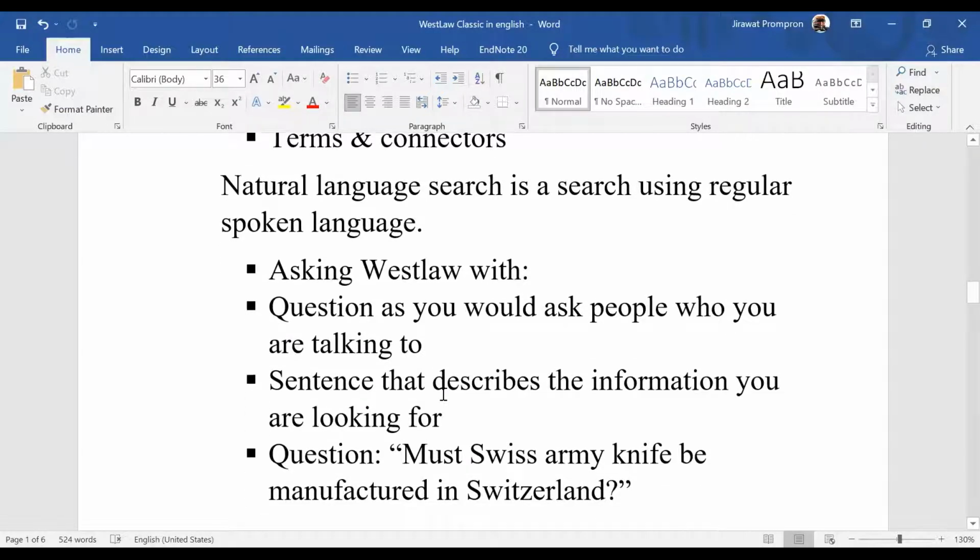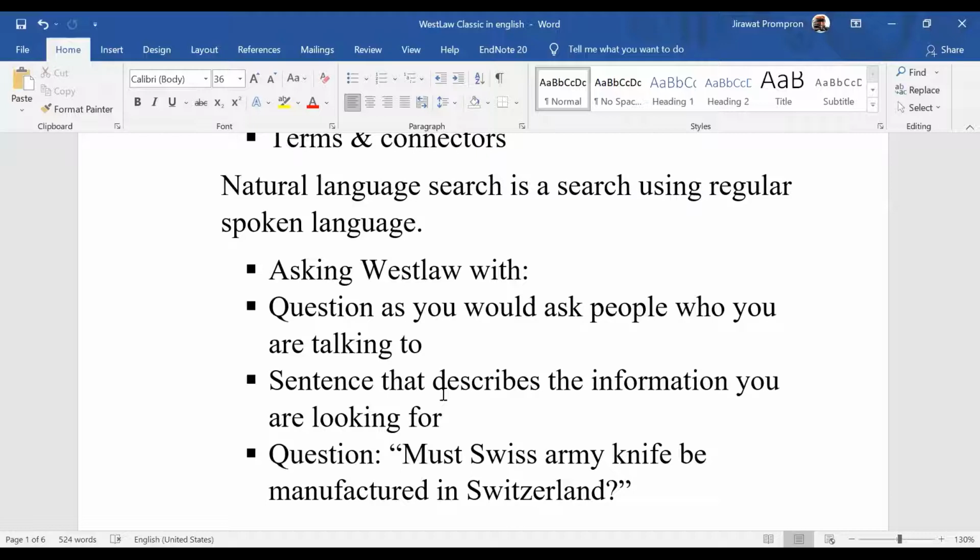So it can be a sentence that describes the information you are looking for. Maybe you just ask what the definition of abortion is, or what is the legal... Maybe if I bully some people and they attempt suicide, am I guilty or not?